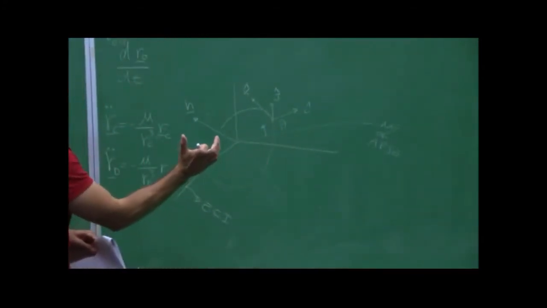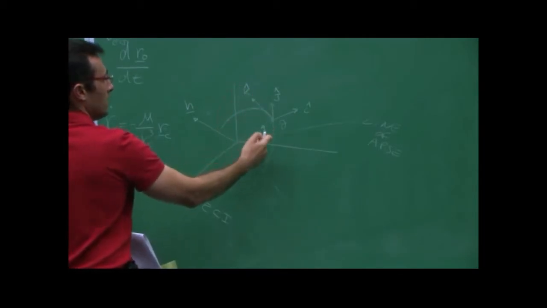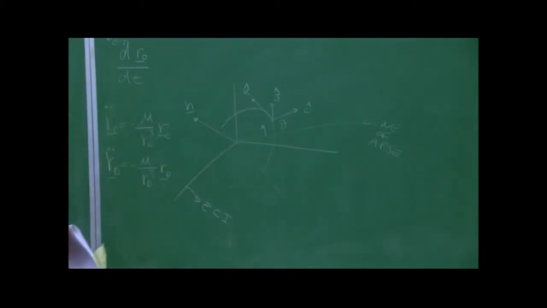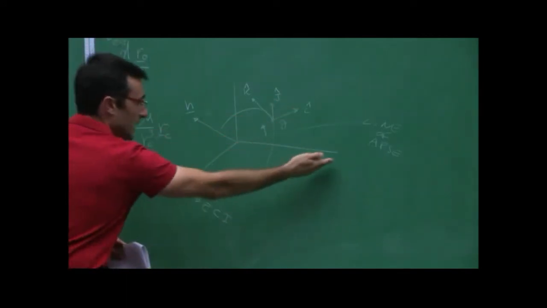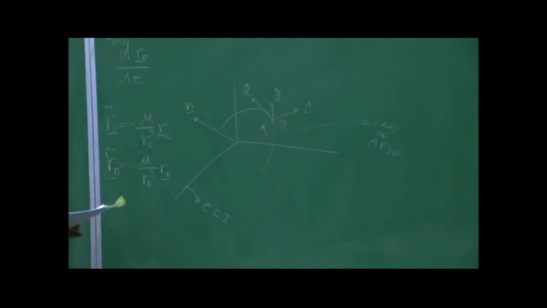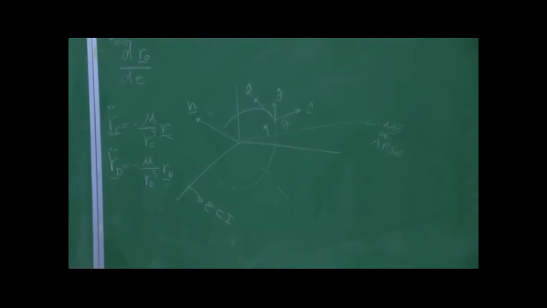So the only thing that is really happening is that this basis is rotating about the H vector, or K vector, with an angle theta. That's all it's doing, right? The fact that the I and J unit vectors are not sitting on the equatorial plane is irrelevant. It is just a single axis rotation about the K direction. Do we see that?